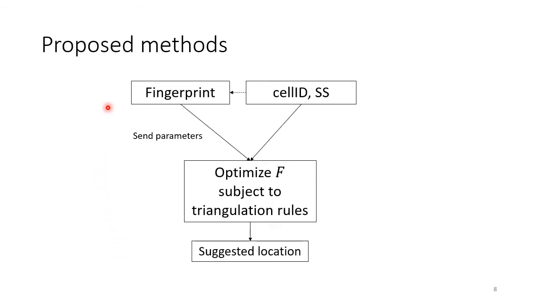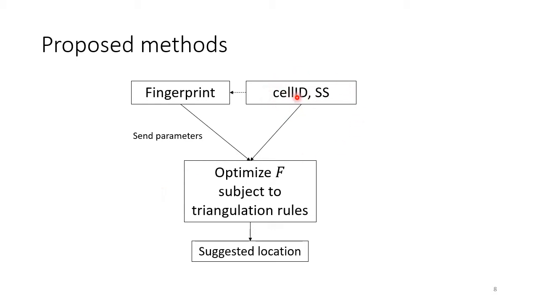Briefly, in the first stage of our method, we develop the fingerprint and define the model. The second step is to implement the fingerprint and optimization model to estimate the device location.